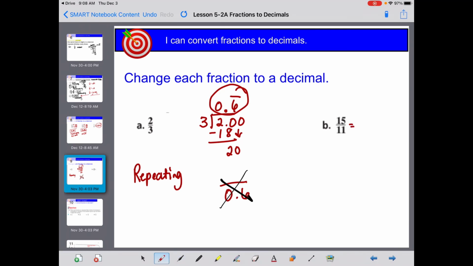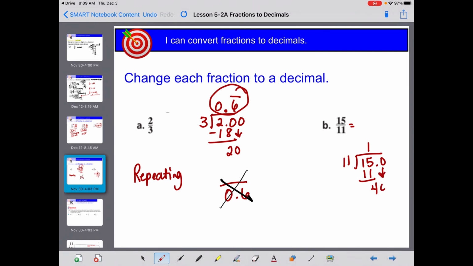15/11. Some of you might try to convert that into a mixed number, but others will just put 15 in the division bar and 11 as my divisor. 11 goes into 15 one time, and I get a 4.